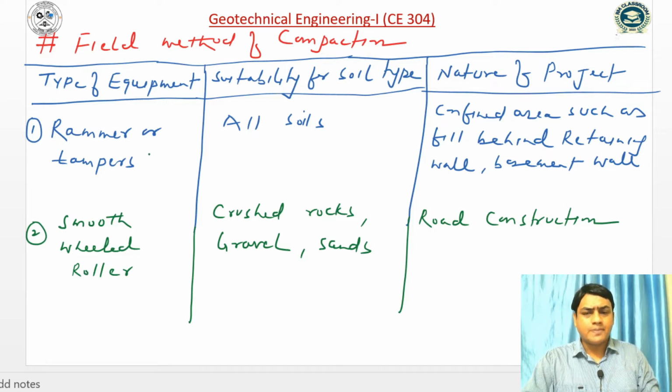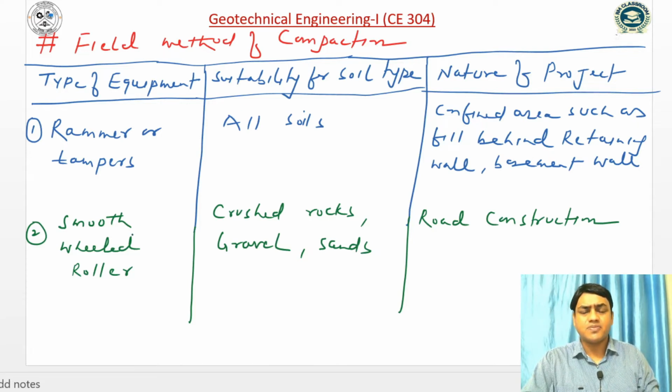In a rammer or tamper, the work is done manually using a hammer of weight 2 to 3 ton with a height of fall of 2 meter. With the help of that, we compact the soil, and this is suitable for all types of soil. This equipment is generally preferred in confined areas such as fill behind a retaining wall and basement wall.